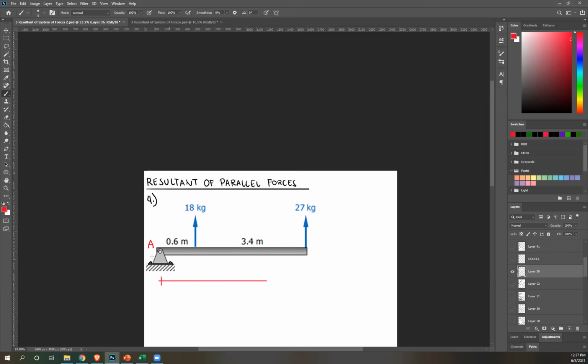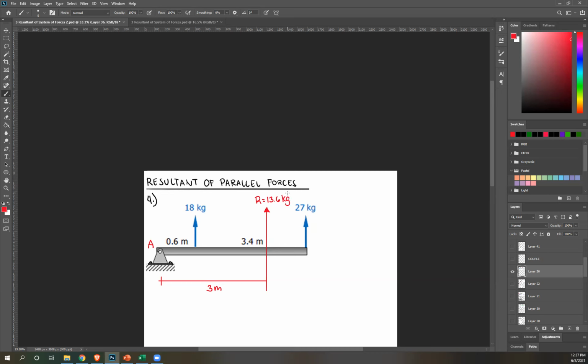Acting up. So this is our resultant, 3 meters to the right. We're looking for a force F. So let's write that R equals 13.6 kg.